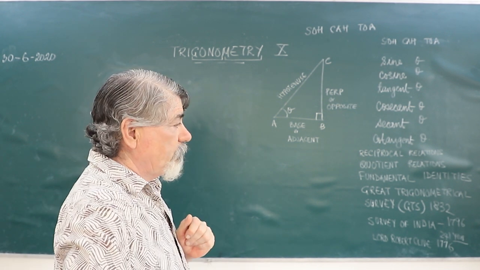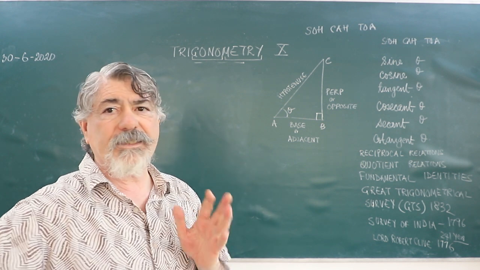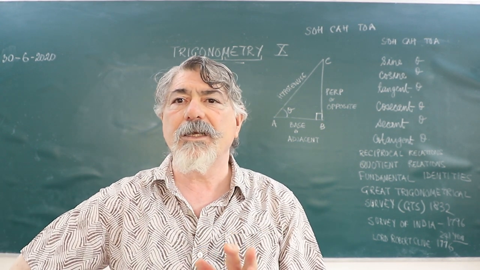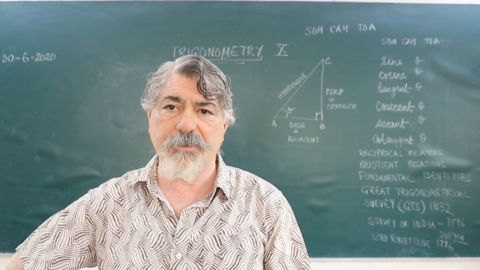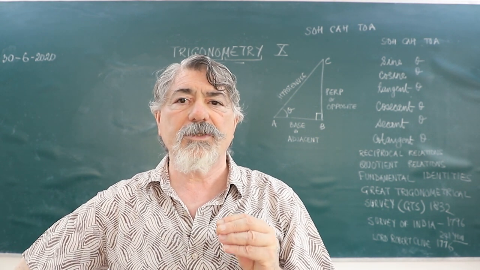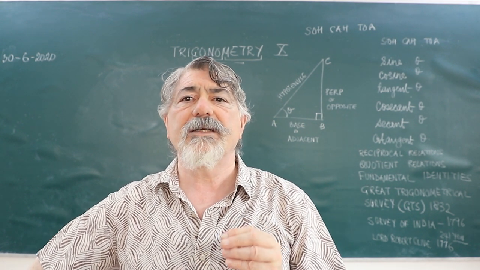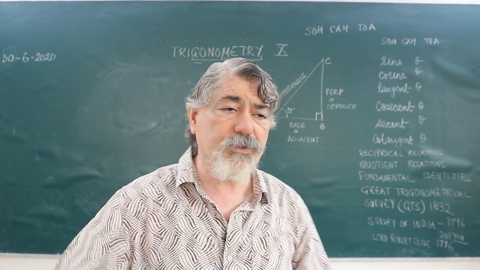Now let me do some fundamental identities. For fundamental identities, I'll start with a very fundamental theorem, which is Pythagoras theorem. In a right angle triangle, the square described on the hypotenuse is equal to the sum of the squares described on the remaining two sides.